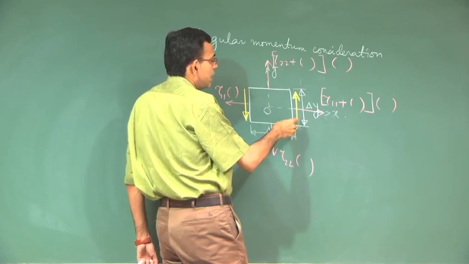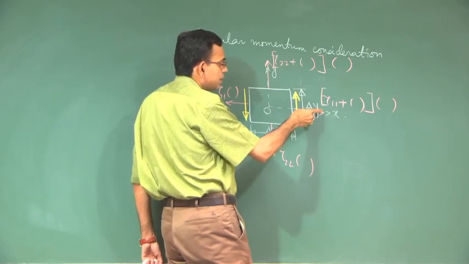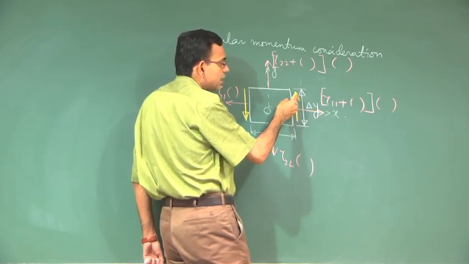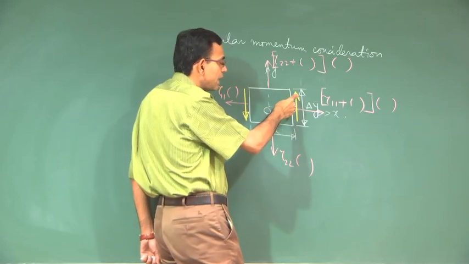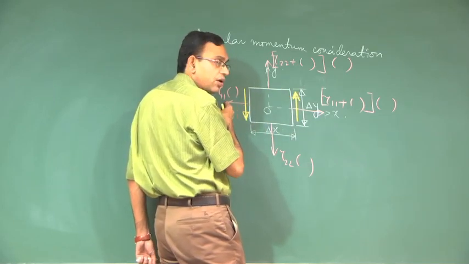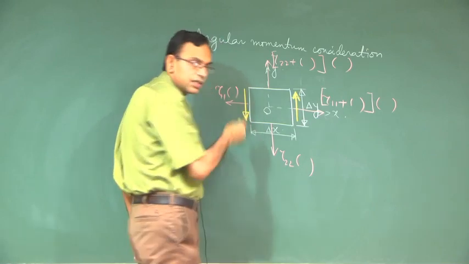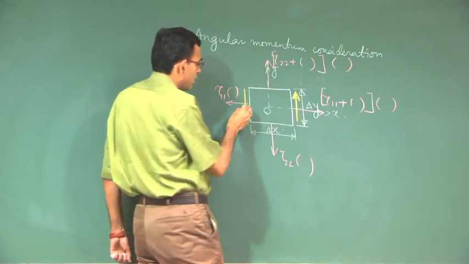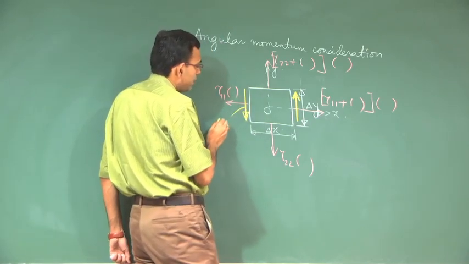As per our sign convention, because this is a positive outward axis, the shear stress is considered to be in the positive direction, and here because it is a negative outward axis, the shear stress is considered to be in the negative direction. So, what is this one?